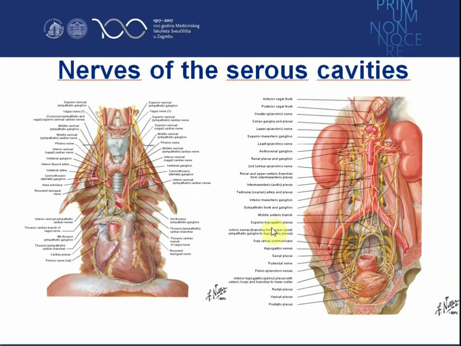The visceral layers of the serous membranes have no somatic nerves and are therefore insensitive to painful stimuli. The sensation from the visceral layers, however, is transmitted by the general visceral afferent fibers that accompany the nerves of the autonomic nervous system and run in various networks of plexuses, such as the cardiac, pulmonary, celiac, mesenteric, and hypogastric plexus.